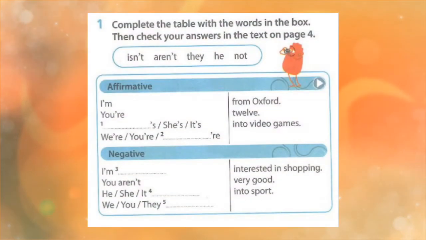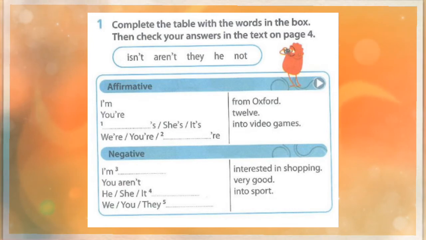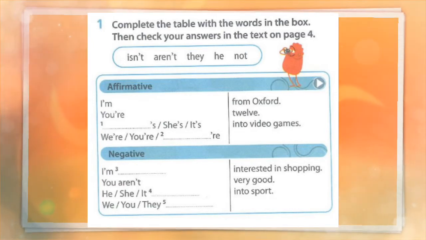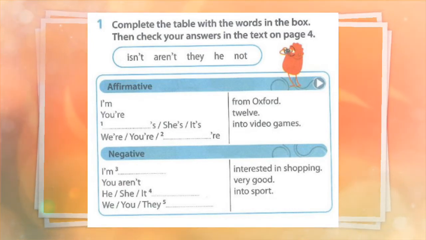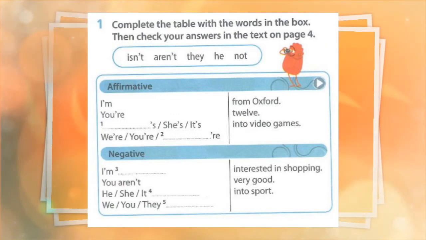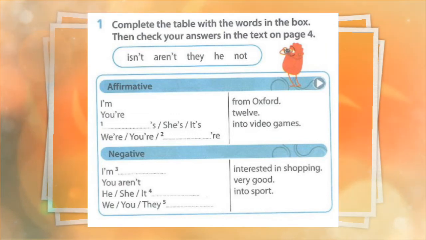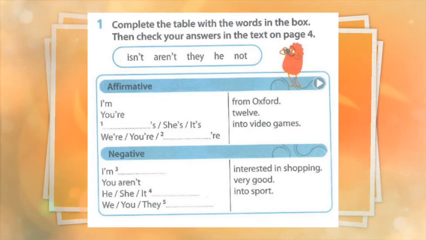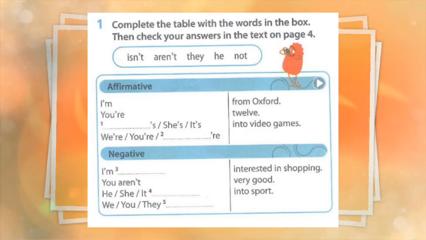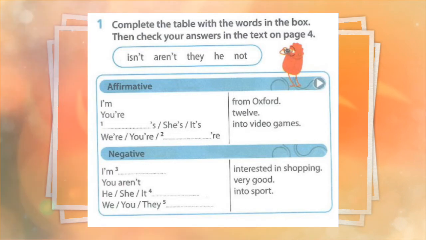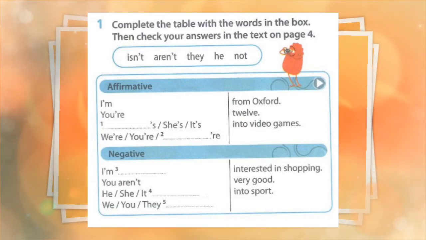Exercise 1. Complete the table with the words in the box, then check your answers in the text on page 4. Easy peasy! You can fill in the blanks with the words given in the box like isn't, aren't, they, he, not. Look at the section for affirmative. I'm from Oxford.